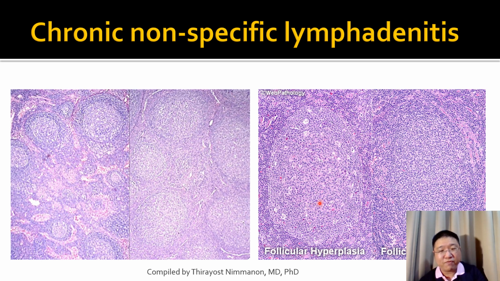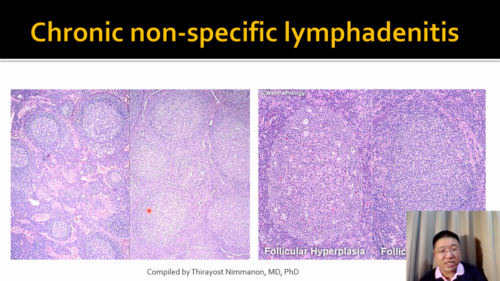In contrast, in follicular neoplasms, follicular lymphoma, we will see that the size of the follicles is more uniform. We will see that the architecture of this lymph node is totally destroyed. We can explain this phenomenon as effacement of nodal architecture. So we cannot see where the cortex is, where the medulla is, where the sinus areas are.